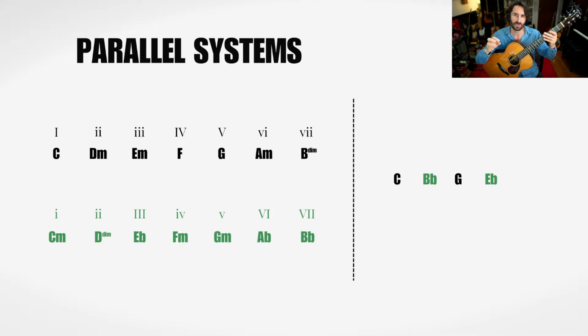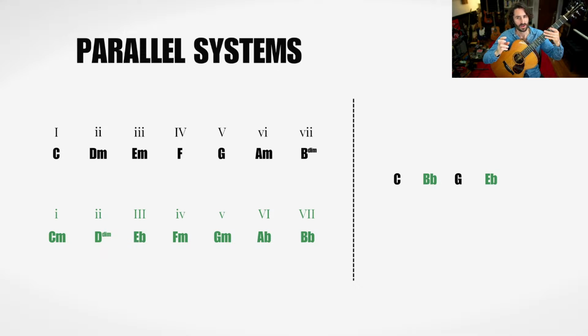And what we're going to see here is that the bass motion feels a little bit wonky. So we've got the C going to a B flat, to a G, sorry, to an E flat. And that bass motion just doesn't feel great.